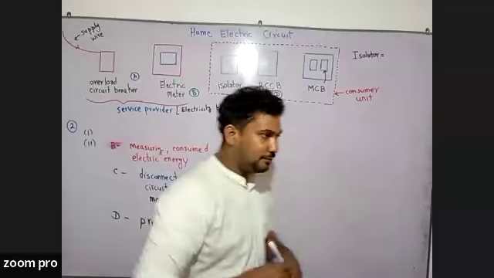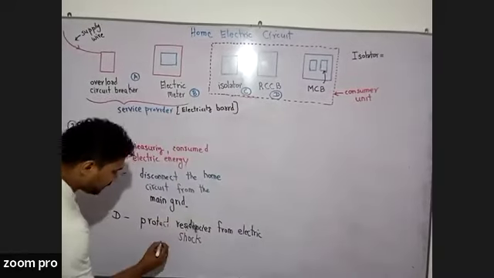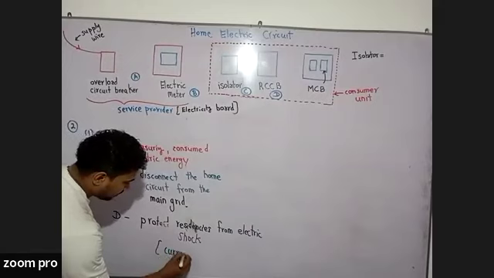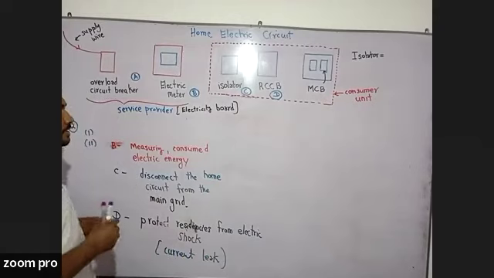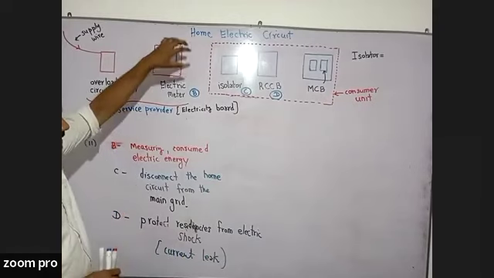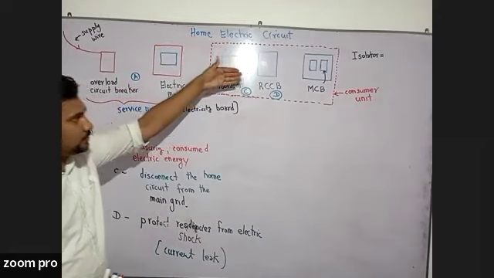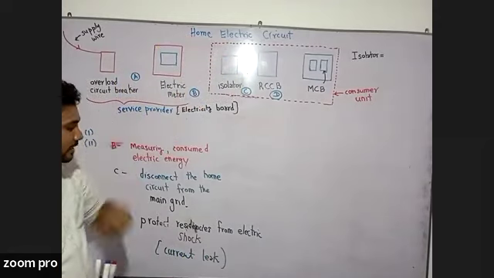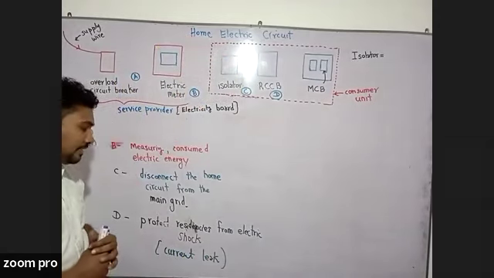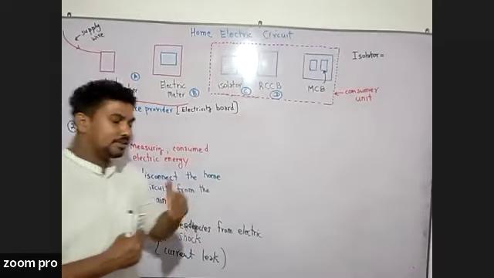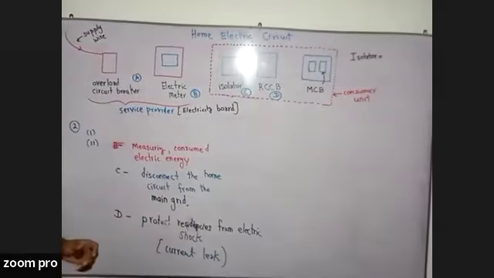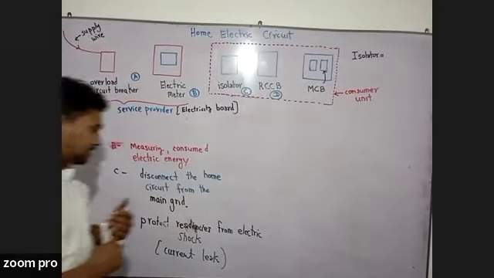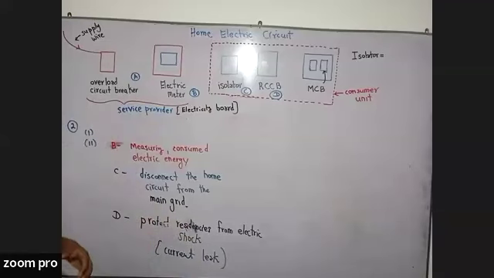Just assume that if there's a current leakage in the house, at once the fuse which is inside this device breaks down, and then there's no further current flowing from this position. So it is basically used as a protective device. So this is the actual function of the RCCB.